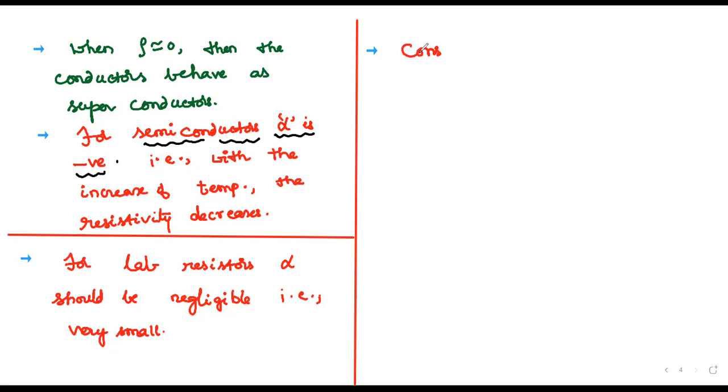I am using an alloy, constantan, or another alloy, manganin. So constantan or manganin are used to prepare the lab resistors.